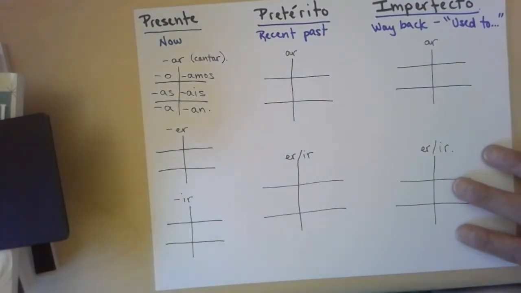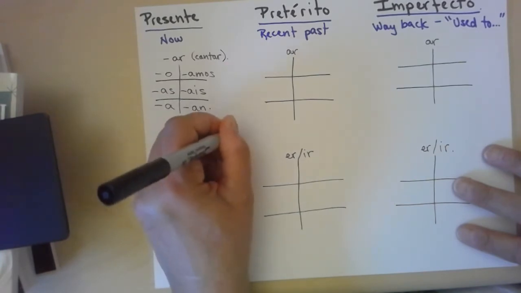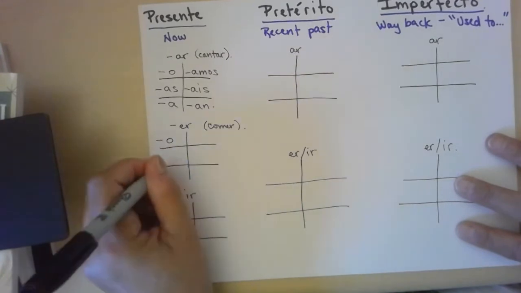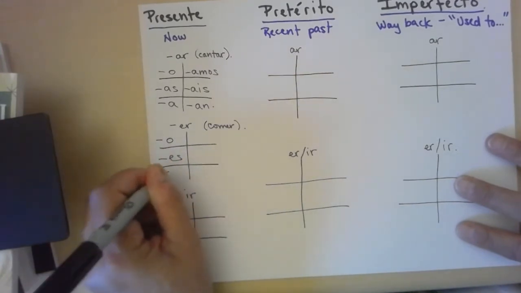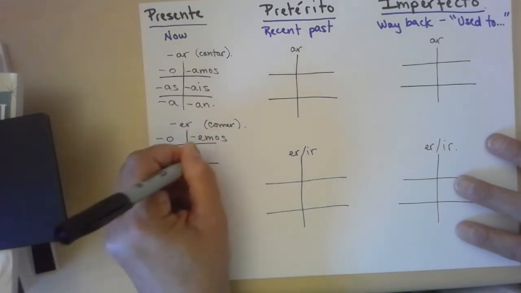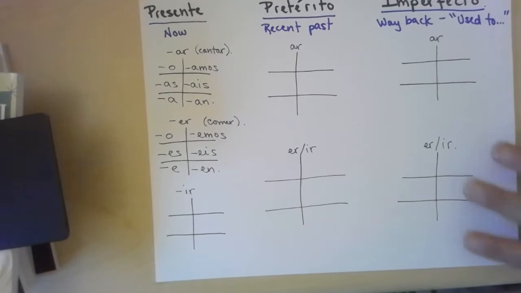Muy bien. Let's take a test verb. Comer, ¿sí? Yo como, tú comes, él come, nosotros comemos, vosotros coméis, ellos, ellas, ustedes comen.